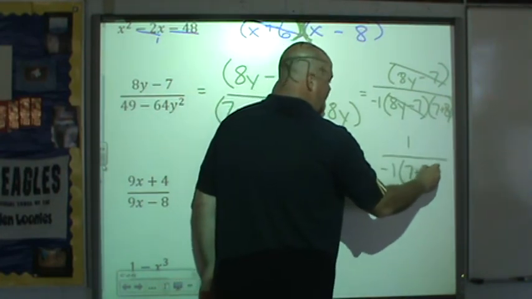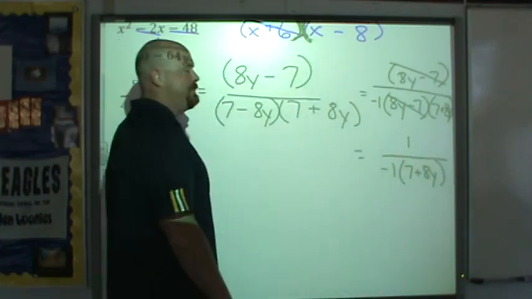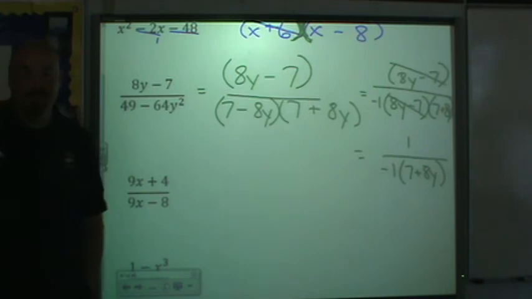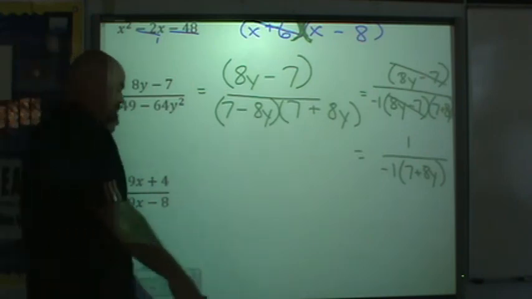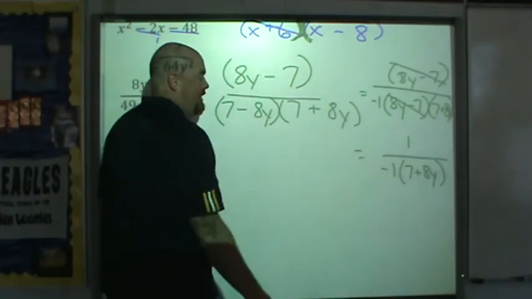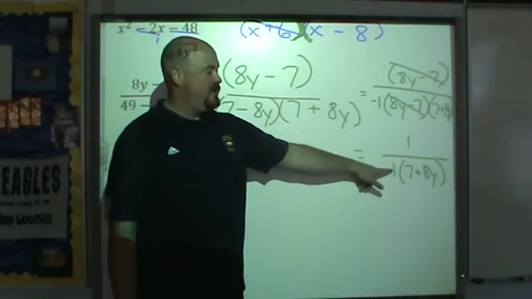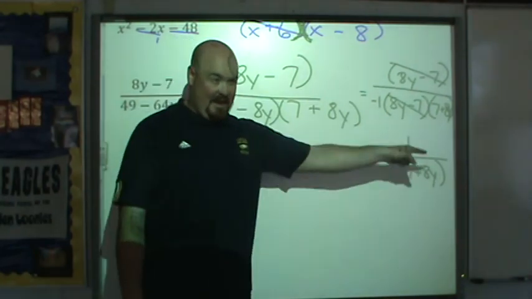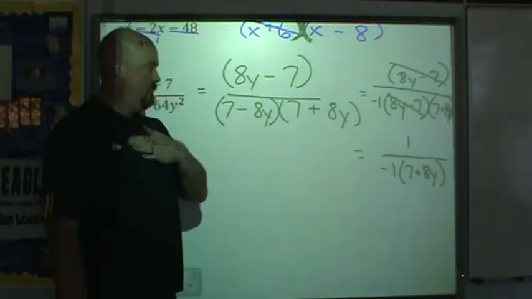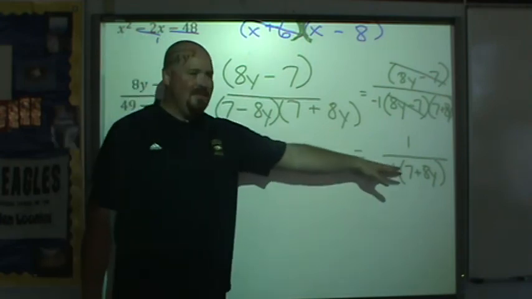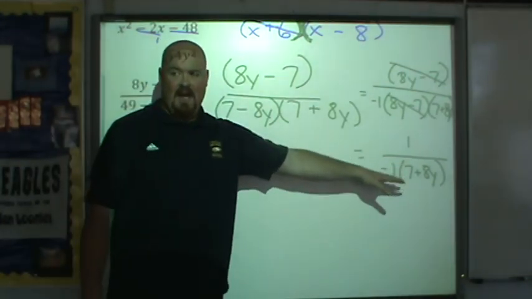Now you can leave this like that. I doubt a MathXL program would accept that as the final answer. So I'll just give you as much as I can. This negative, you can put the negative sign here and just get rid of that 1, or you can distribute that -1 back into both of those terms. But I'm telling you, it's not going to accept that on MathXL.